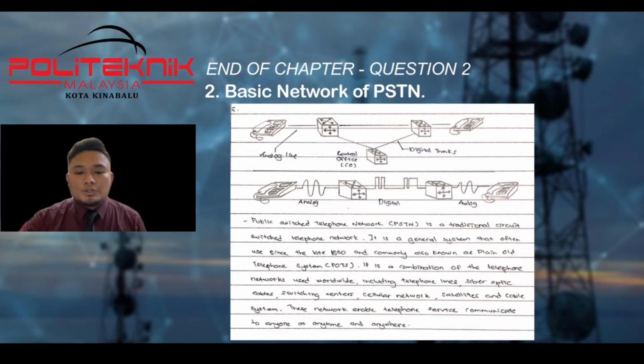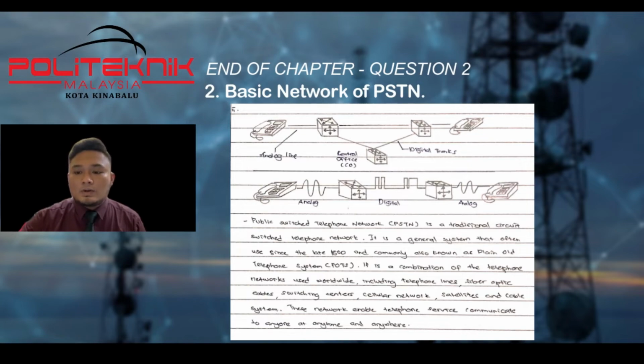It is a combination of the telephone networks used worldwide, including telephone lines, fiber optic, cable, switching centers, cellular networks, satellite, and cable systems. This network enables telephone service to communicate with anyone at any time and anywhere.